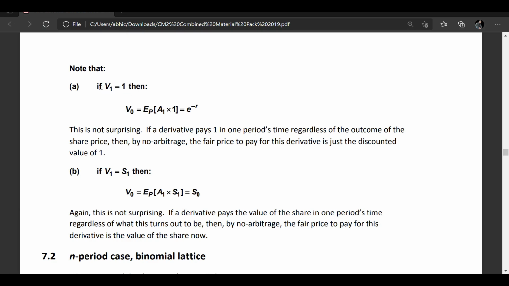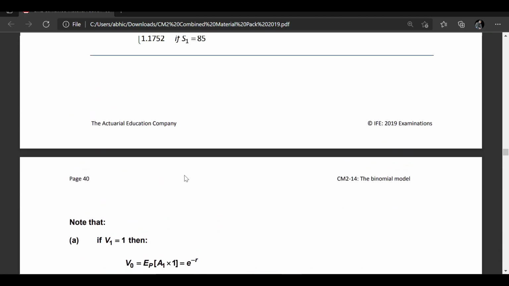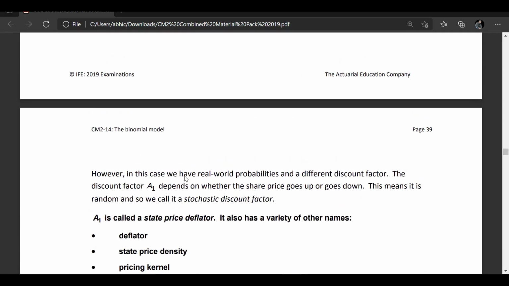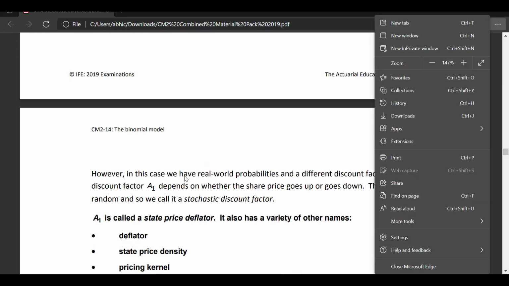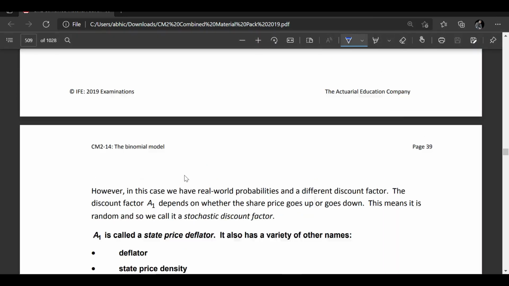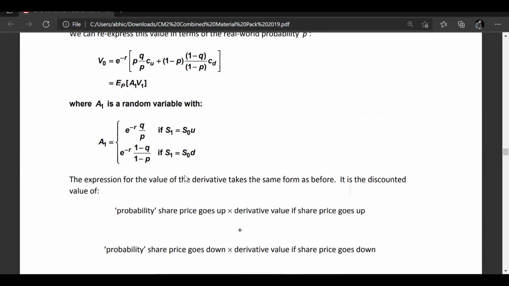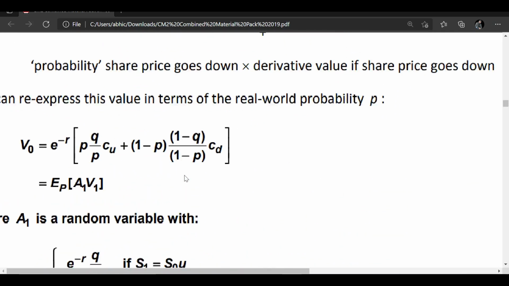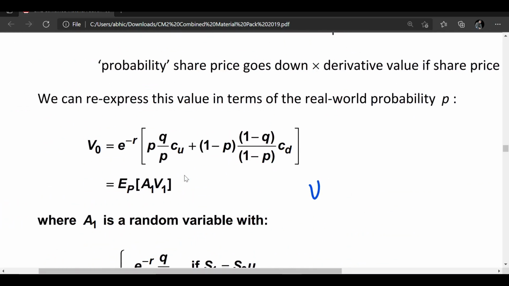Okay, if you have that sort of a certainty, then in terms of your pricing, let me just show you. V0, which is the price of the derivative at time 0, is just EP A1 V1, right?